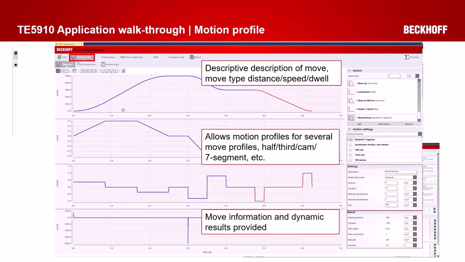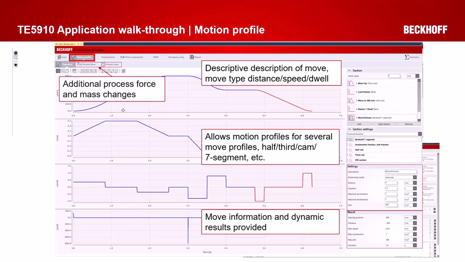And when you enter this move information, so I want to go to position 0 and take 1.5 seconds, you get to see what the dynamics are for that system. And so you can now specify the acceleration and deceleration and the jerk that you would have in that. And so now you can really add the custom motion profile for your system, because that is going to matter when you select the drive.